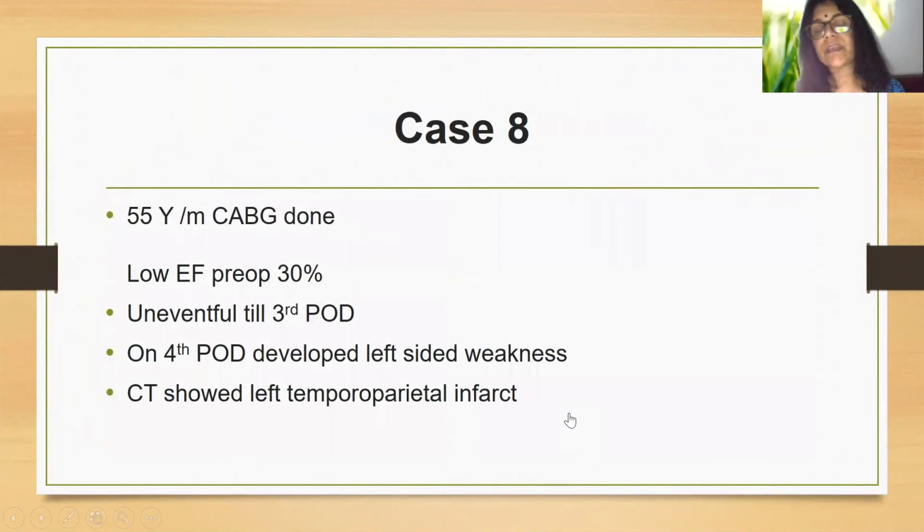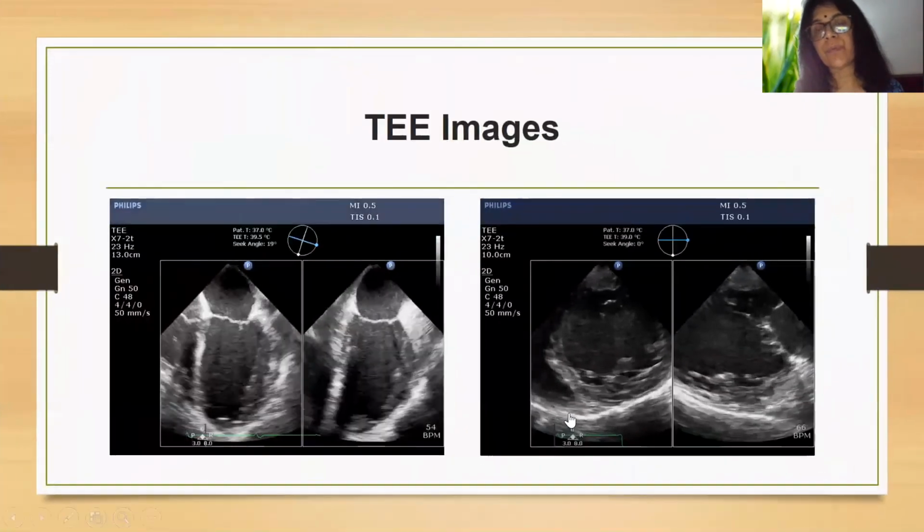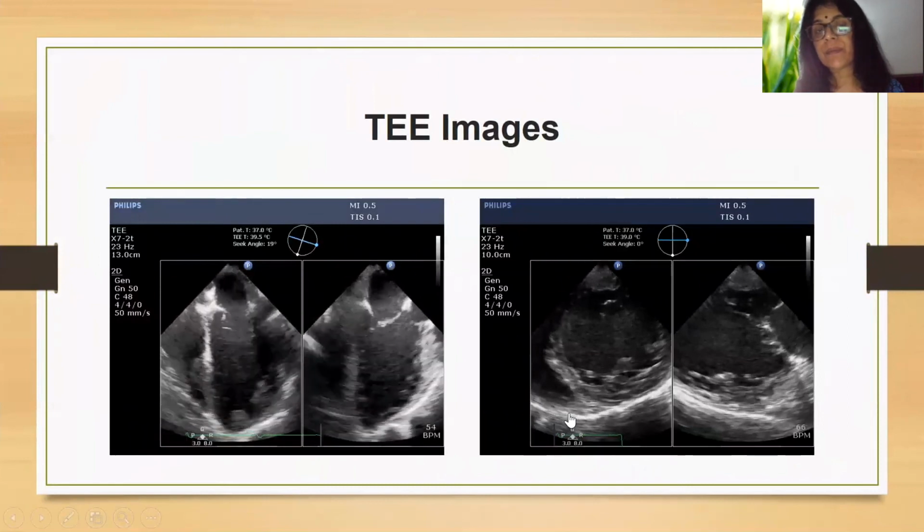Again, a very interesting case: a 55-year-old male, CABG done, very low ejection fraction, 30%, uneventful till the third postoperative day. On the fourth postoperative day, the patient develops left-sided weakness and the CT shows a parietotemporal infarct.